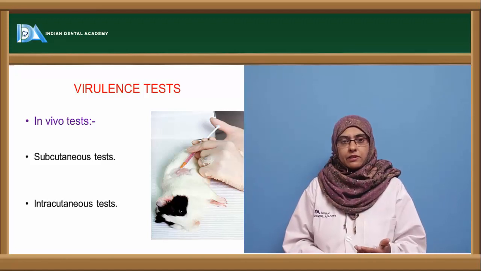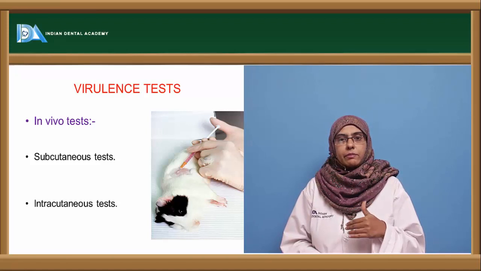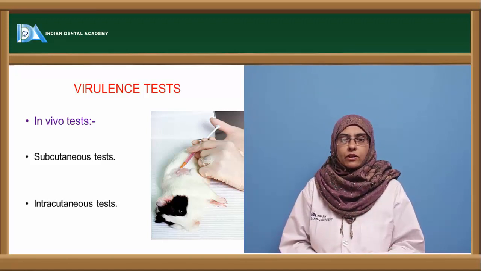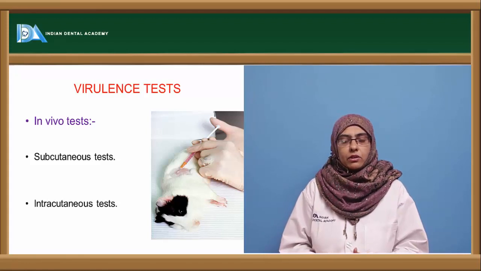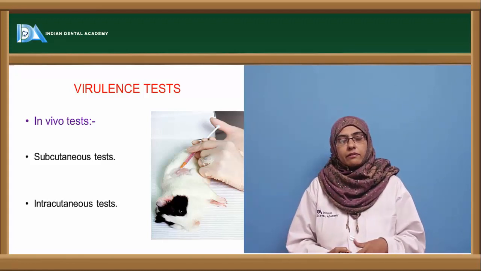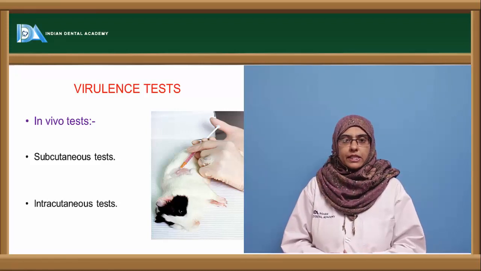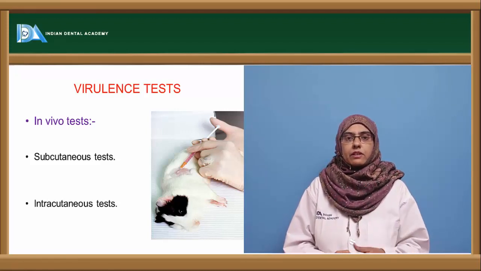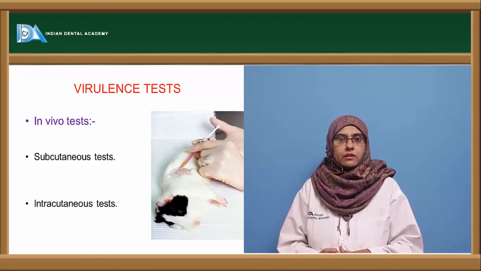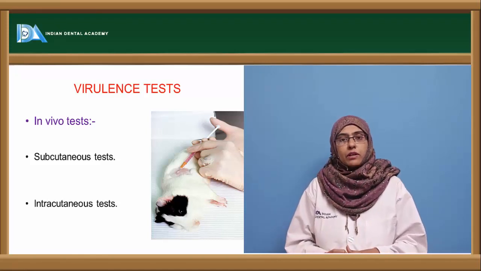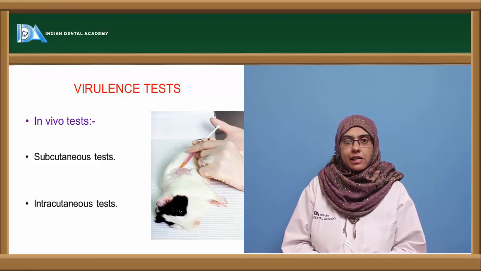After 4 days, the test animal will be given 50 units of the antitoxin to prevent the death of the animal. Now, how do we identify whether it is toxinogenic or not? There will be an inflammatory reaction at the point of injection, which helps us identify whether the strain was toxinogenic. With this particular test, we are not killing the animals, and moreover, more than 10 strains can be tested on a single experimental animal.